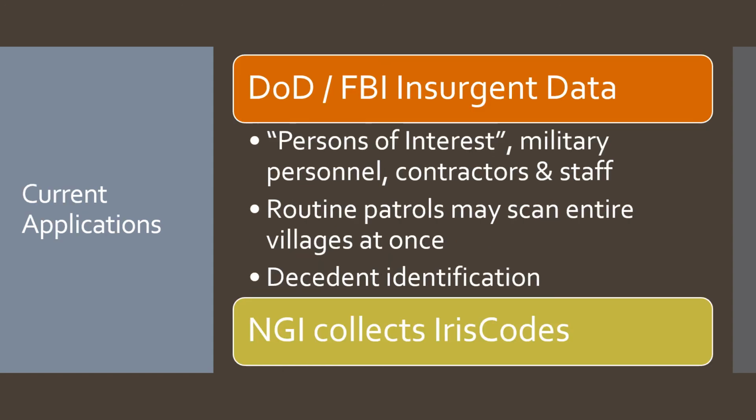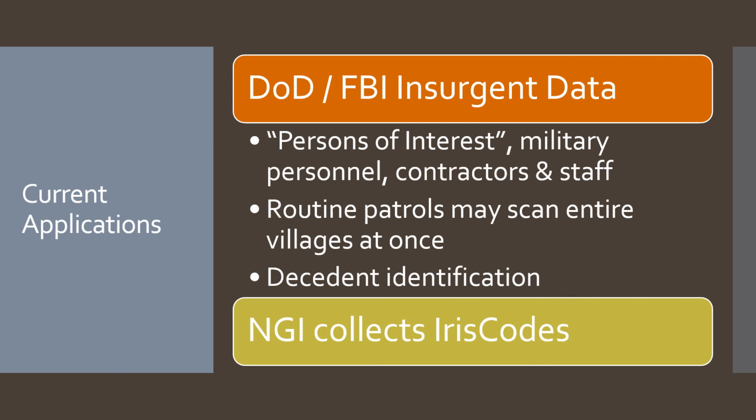Current applications of iris code technology include use by the Department of Defense, that's the DoD, and the FBI to identify potential insurgents. In the DoD and FBI joint project, they get iris scans from people that they think are insurgents or members of the Taliban or potential terrorists in the Middle East, around military bases that they have, outposts in Afghanistan and the like.